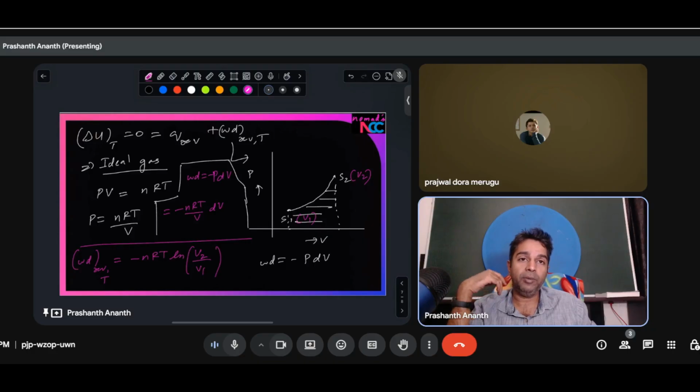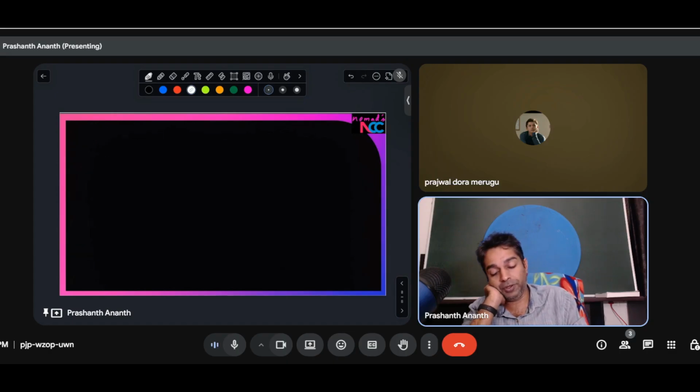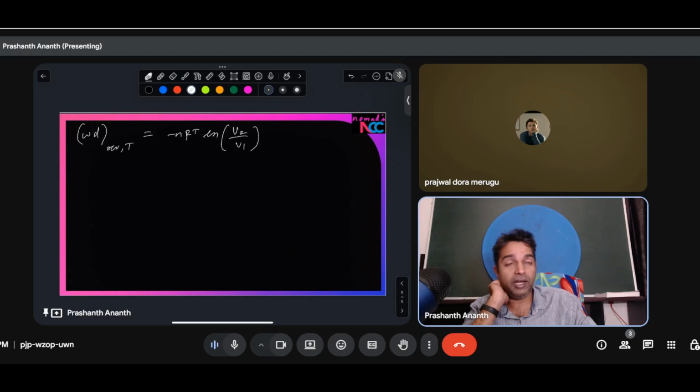But if volume is changing over here, instead of putting it in that fashion, I can also write volume in terms of pressure. In the sense, this V2 by V1 can now be slightly changed. So work done reversible isothermal works out as minus nRT ln of V2 by V1, which we can also write in a slightly different way.